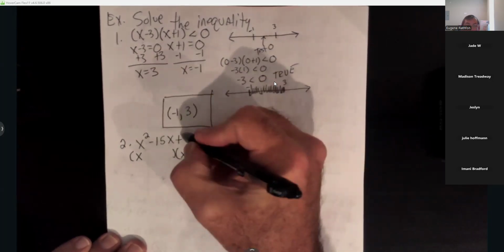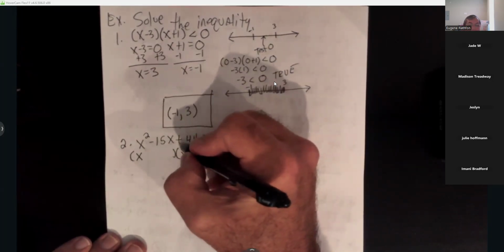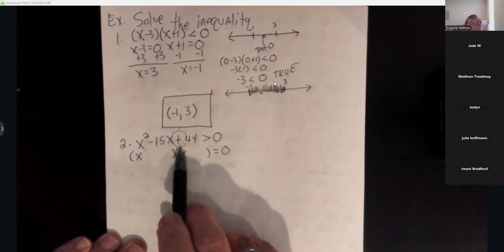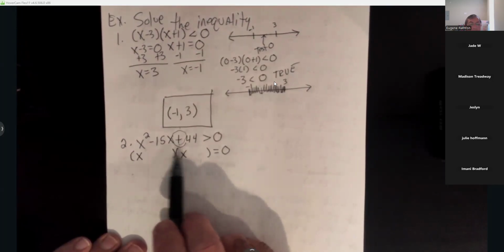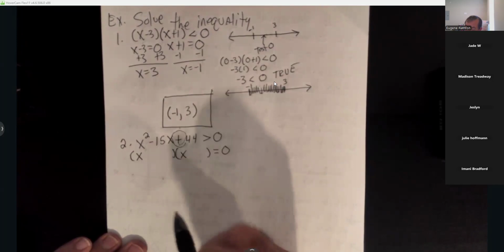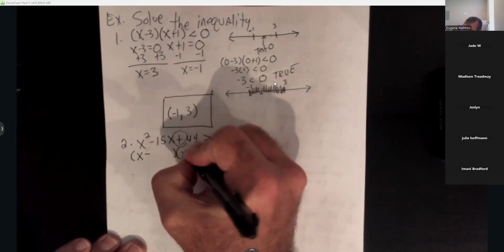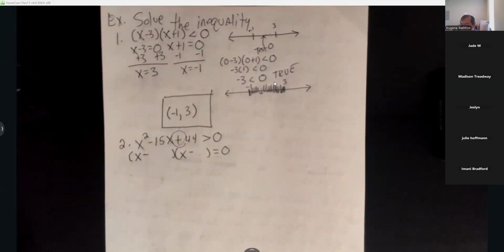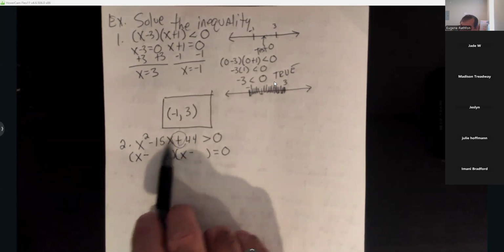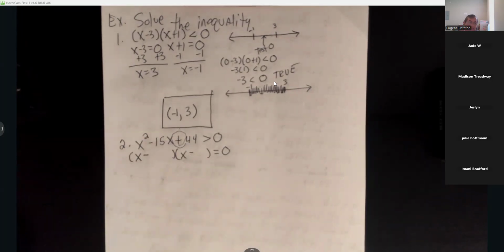Oh, y'all, watch this. Remember, this last number's positive right here. Since the last number's positive, both of these factors will be negative like the middle. All right, y'all, so let me ask y'all this. Can y'all find me factors of 44 that'll add and equal 15?